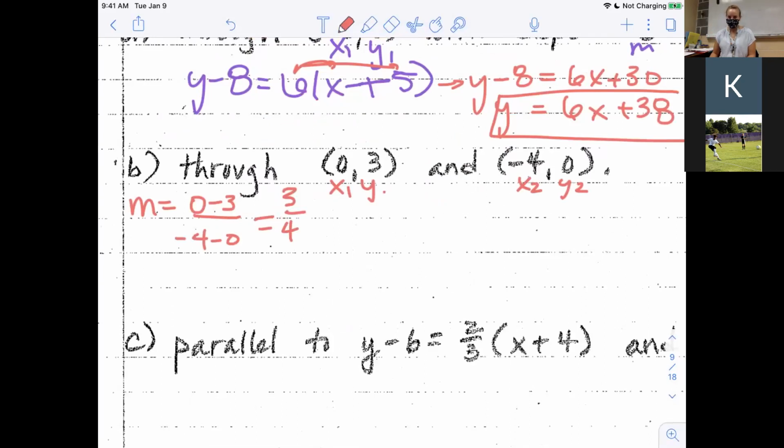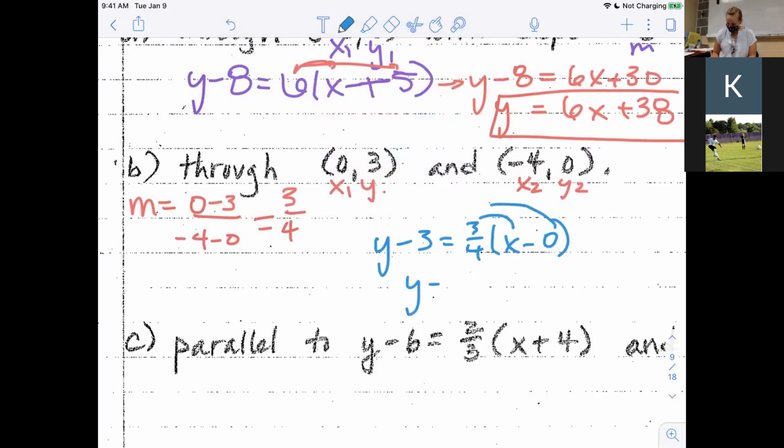Slope is 3/4, and then it doesn't matter which point you use. I'm not going to do it both ways because I don't really feel like doing it 2 different ways. We'll just do it one, and then you'll be able to check your answer because slope-intercept will be the same no matter which point you use. Let's do y minus 3 equals 3/4 x minus 0. You can think about it as distributing, or you can just know x minus 0 is just x.